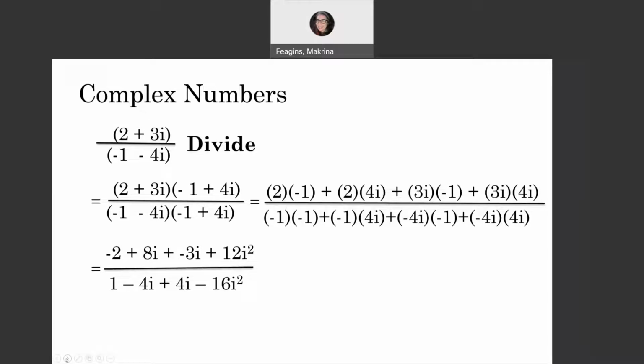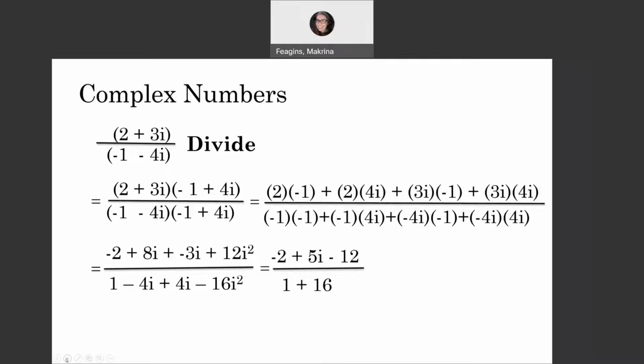At the bottom, the denominator comes up to a positive 1 minus 4i plus 4i minus 16i squared. So now you begin to see that some of the terms at the bottom are canceling out once you collect like terms at the top, and we use the definition of i squared.